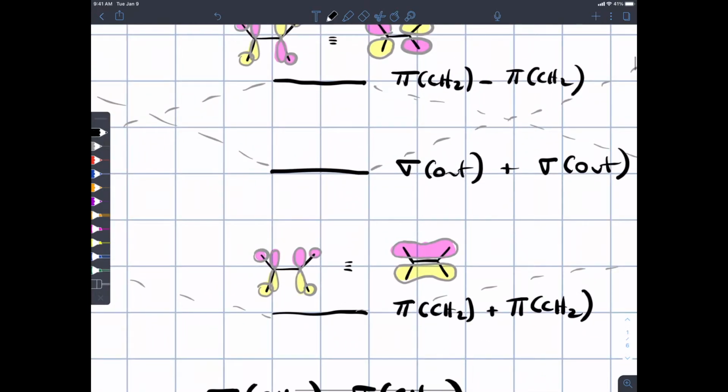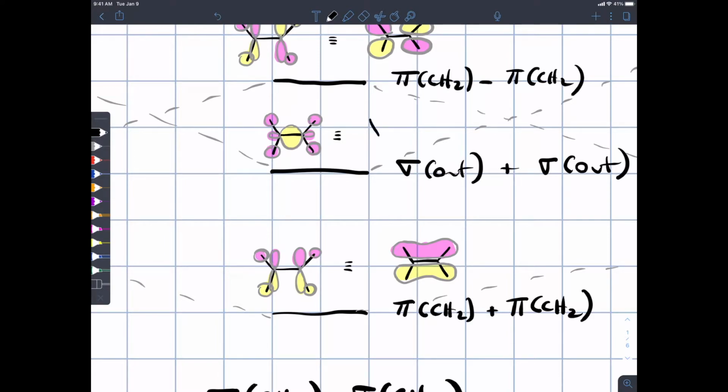What does this orbital look like? Well, it looks exactly like you would expect. You've got a lobe of electron density between the two nuclei, and then you've got in-phase overlap between the carbons and the hydrogens in the back. So you have a strong carbon-carbon bonding interaction, and then you have still some carbon-hydrogen bonding interactions.